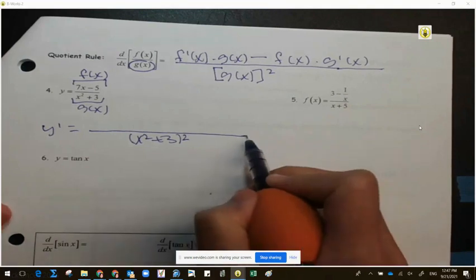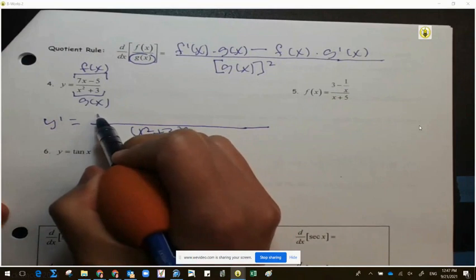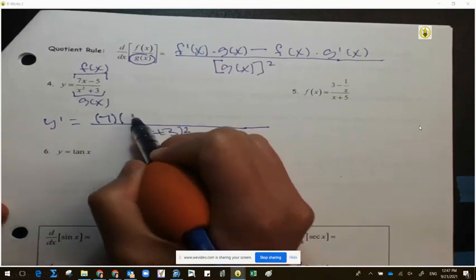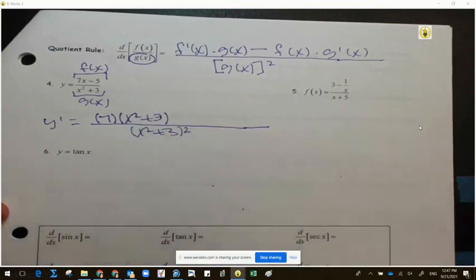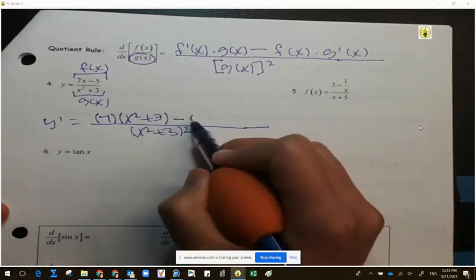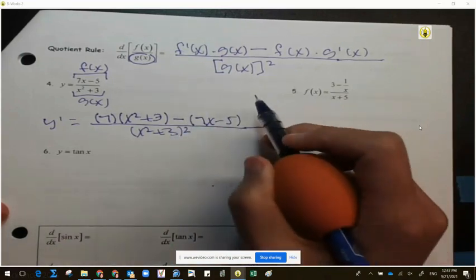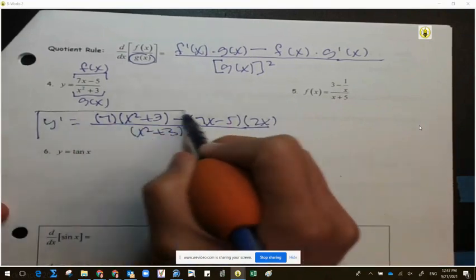So on my numerator, what do I do with the top one? Keep or derive? Derive, which I get how many? 7. And then we keep the bottom. What sign is going to separate this one compared to the other one? Minus. And we keep the first one. What is my derivative of the bottom? 2x. Done, that's it.